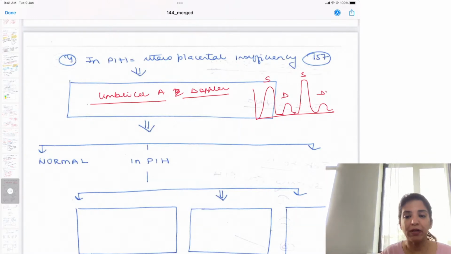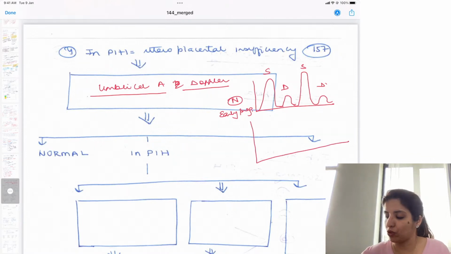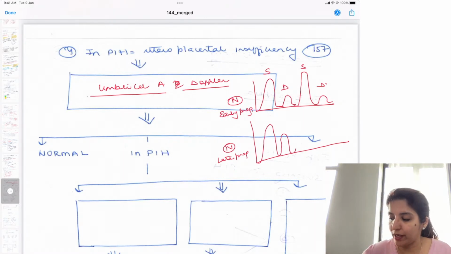So normally what happens in pregnancy is, as pregnancy advances, the resistance of the blood vessels decreases, right? And the amount of blood flow during diastole increases. If this is a Doppler of early pregnancy, then in a normal Doppler in late pregnancy, you will see that the blood flow during diastole increases.